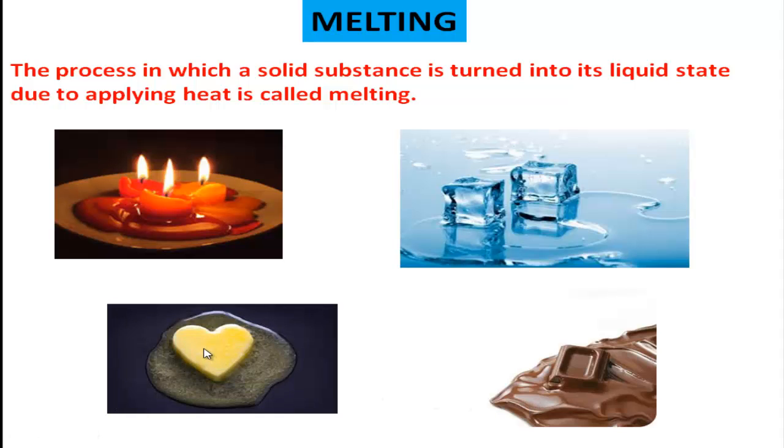And also follow this picture. This is melting of butter. When we hold a piece of butter on heat, then we will see this type of scene, isn't it? So this is also melting, and this is also a physical change.